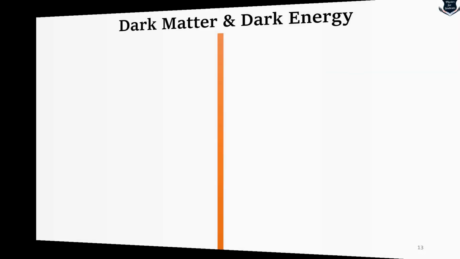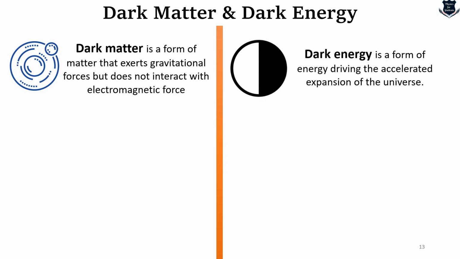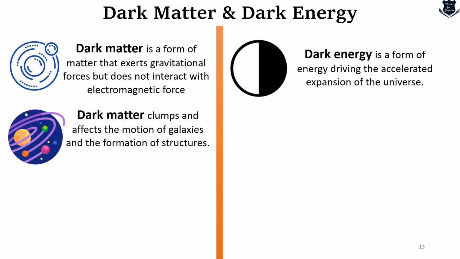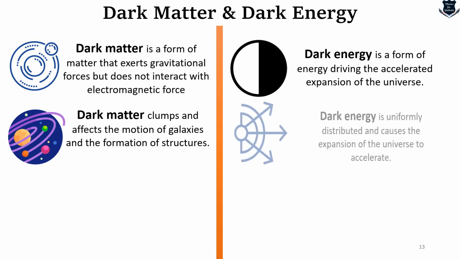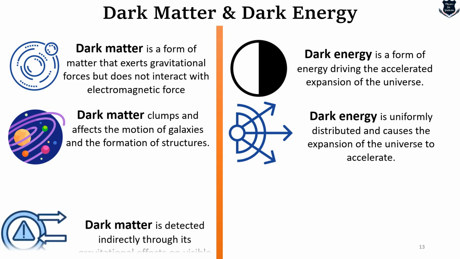So here are the quick key differences. Dark matter is a form of matter that exerts gravitational forces but does not interact with electromagnetic forces, whereas dark energy is a form of energy driving the accelerated expansion of the universe. Dark matter clumps and affects the motion of galaxies and the formation of structures. Dark energy is uniformly distributed and causes the expansion of the universe to accelerate.